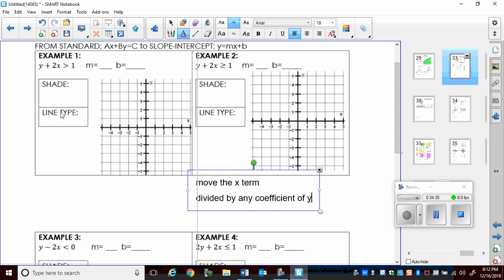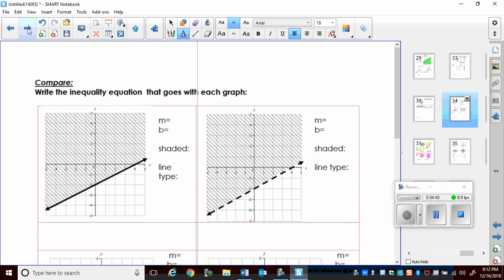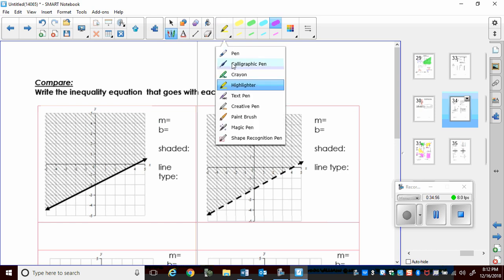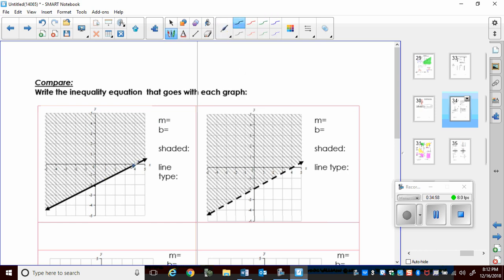Now we're going to compare and write the inequality that goes with each graph. I'm going to do these solid ones first. First thing we're going to do is get our y-intercepts. Our y-intercept here is at -2. The slope, I'll pick two good points and get the slope.